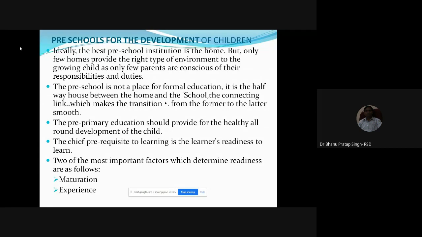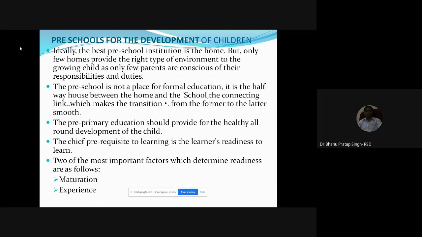Ideally, the best preschool is home only, where the mother is the teacher, and other family members are also the guide and mentor. But you know, all homes cannot be considered a good source of education, because some homes provide exactly the right education, value education, but some may not, for various reasons.